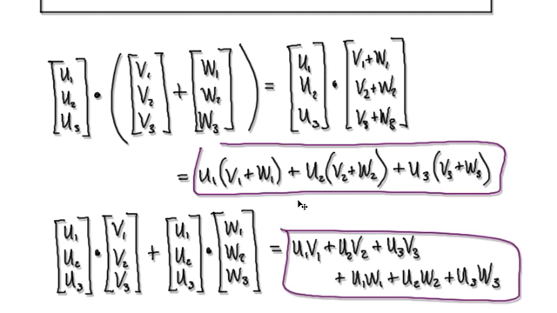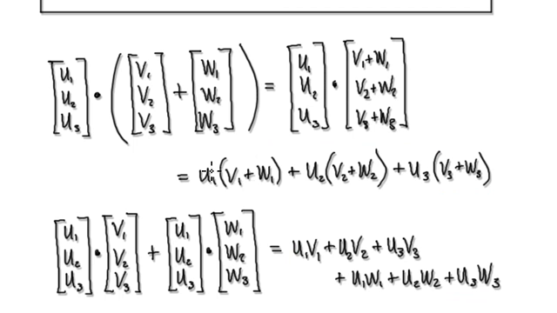this. So you can see that these are the same, because if you get this times this, don't forget u is a number, v is a number, w here is a number. These are all numbers.